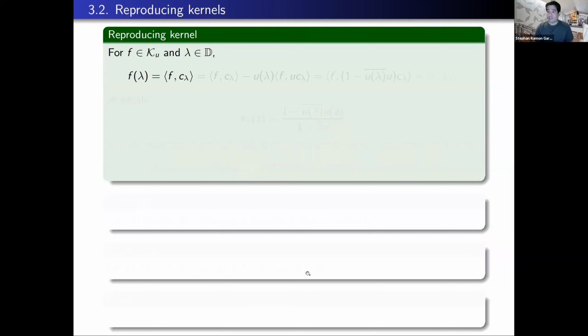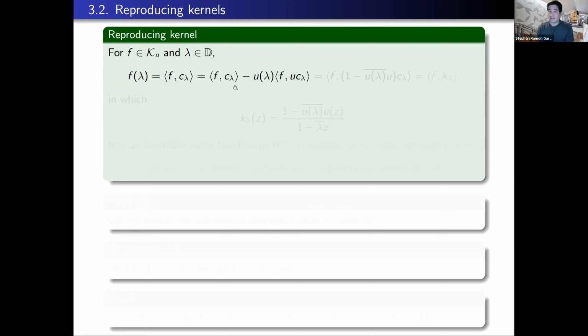So we need to take a look at the reproducing kernels for model spaces. So if F is in Ku and lambda is in D, we're going to derive the formula for the reproducing kernel as follows. Well, the Cauchy kernel, you'll recall, reproduces the value of any H2 function at lambda. So this is just the property of the Cauchy kernel.